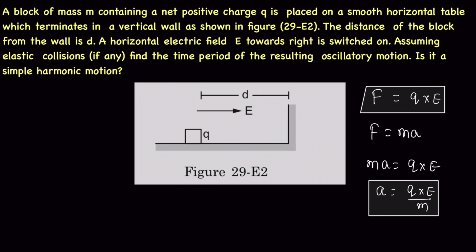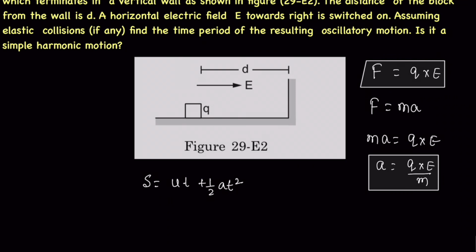We got the acceleration. Now we have to find how much time it will take to reach from point A to point B. So we can say that s is equal to ut plus half at square. Here u is equal to 0 because it just started from rest, and s is nothing but small d, so this term becomes 0.